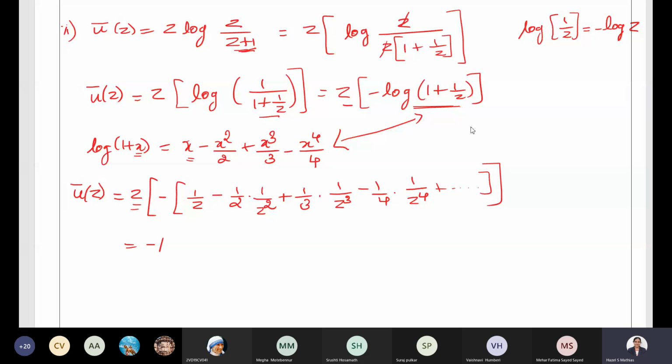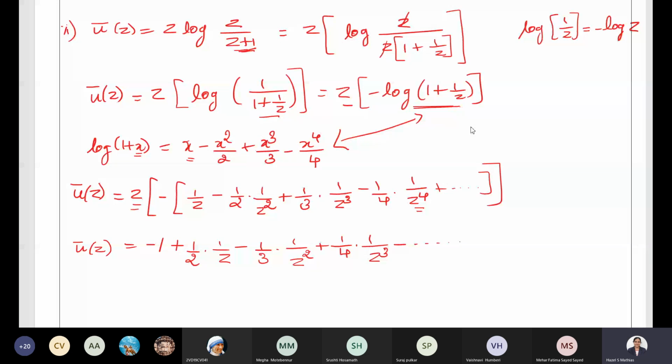Then minus of minus will be plus, half times z into 1 by z square, it will be 1 by z. Then minus 1 by 3 into z into 1 by z cube, z gets cancelled, z square remains. Again, minus of minus will be plus, z into 1 by z power 4, it will be 1 by z cube, minus etc. It continues over here. So this is our u bar of z.